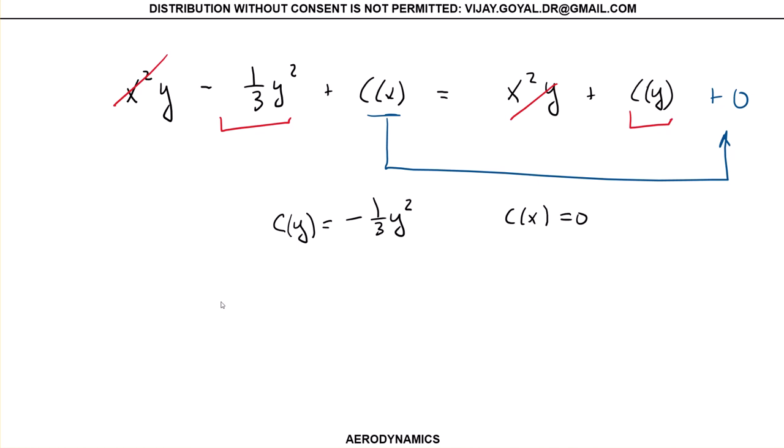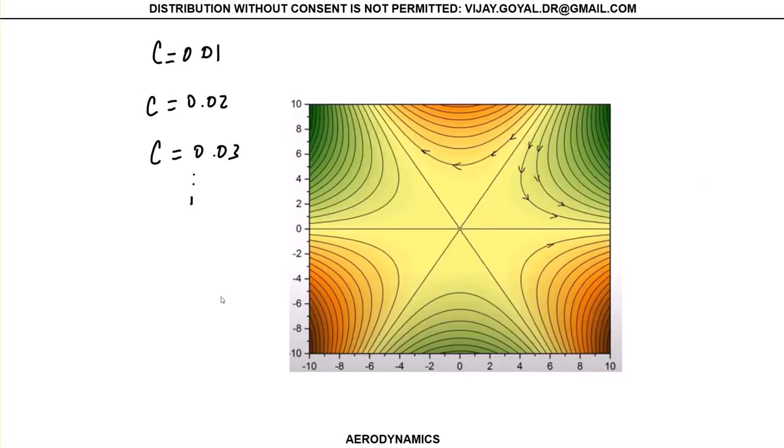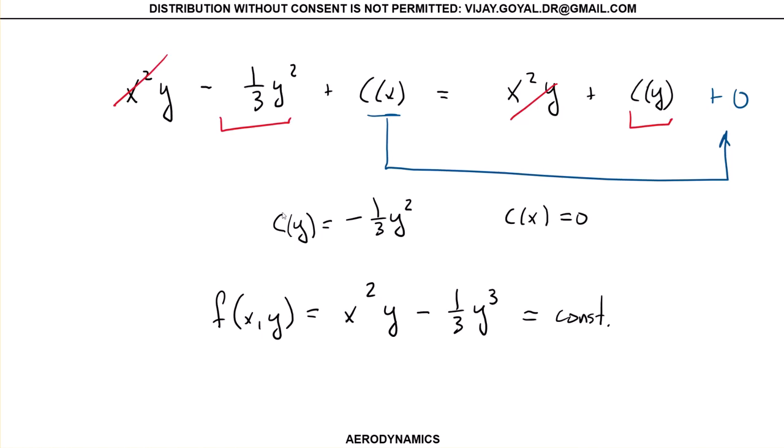So now if I put all these equations together, I will end up with the following function: x squared y minus 1/3 y cubed. And this has to equal a constant. Since this has to equal a constant, imagine this whole constant is equal to c.